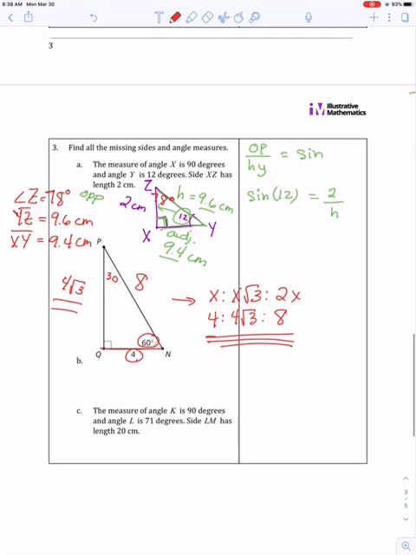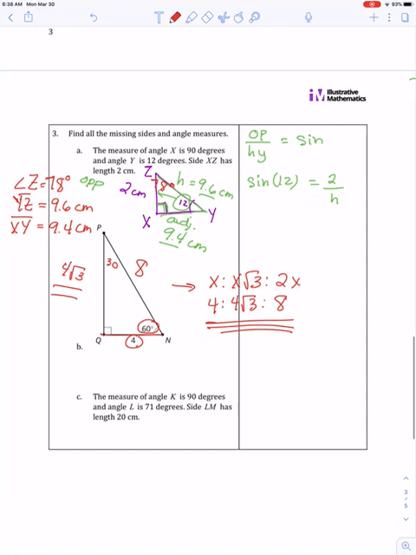All right, so let's look at part C now. Again, draw yourself a picture. This is my 90 degrees, so this is going to be K. L is 71 degrees. And LM is 20 degrees.